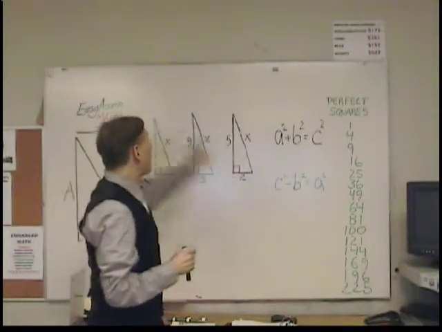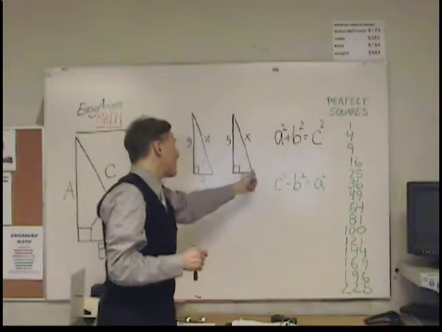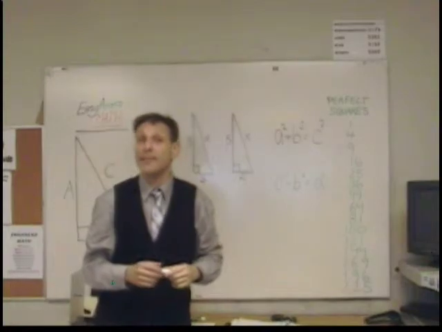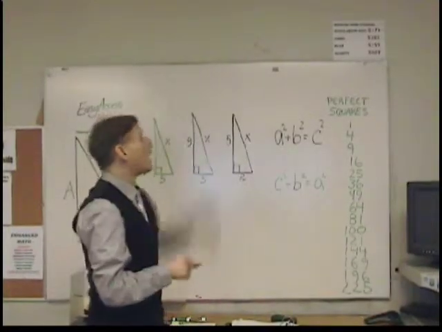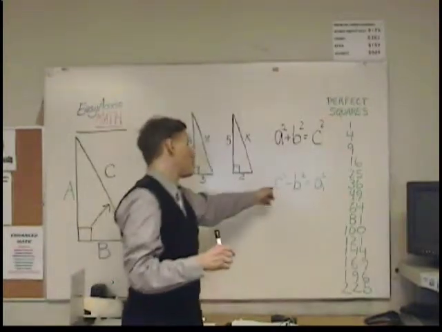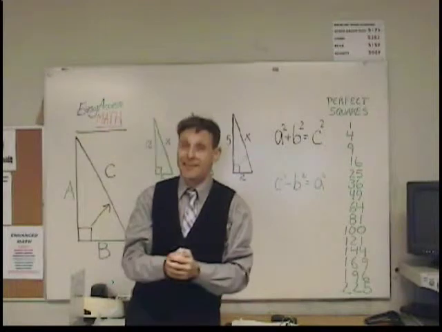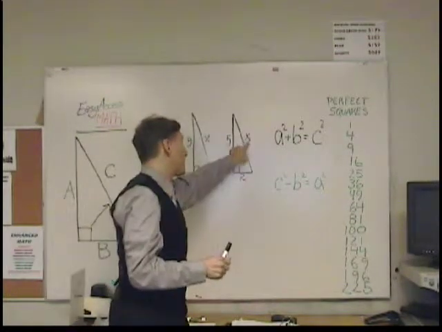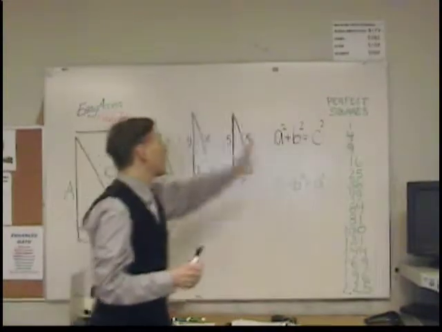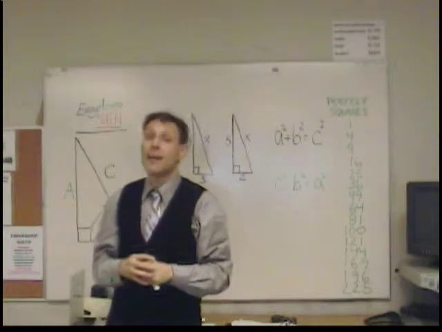That's the adding up because C is always the largest side. That slanted side, the side opposite the right angle, is always the largest. That's the hypotenuse. If you're given C, there's no place to go but down. And then you would do C squared minus B squared equals A squared. You would subtract. It's the opposite if you're given this side. But on these three right triangles, we're going to add because we're missing the longest side, the hypotenuse.